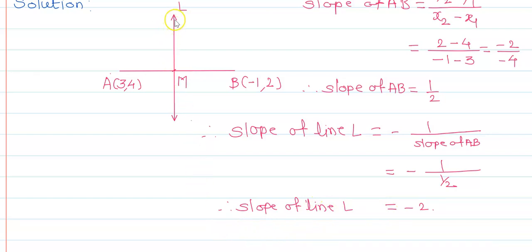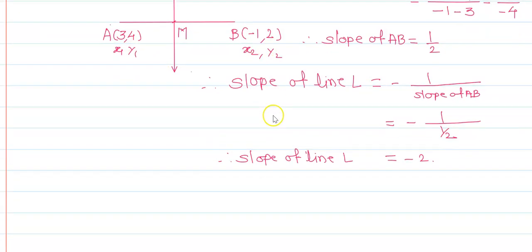Now the required line passes through the midpoint of the segment AB. Therefore, we find out the coordinate of M. This is x1, y1 and x2, y2.